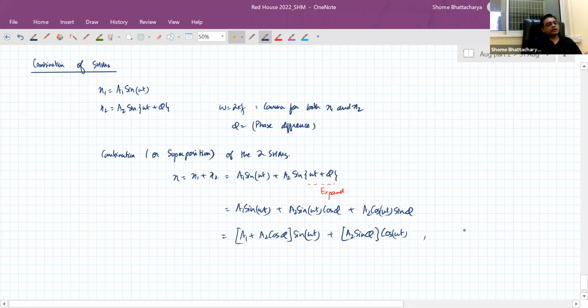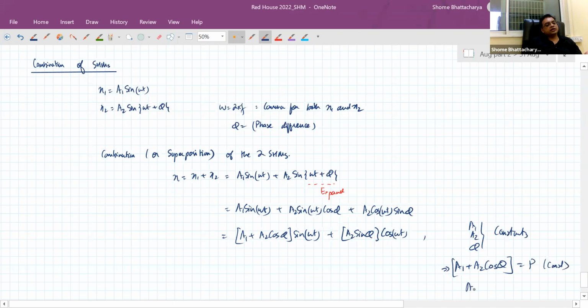Now keep in mind that A1, A2, and phi are constants. Therefore, this whole term A1 plus A2 cos phi is basically a constant. So we can just write it as a new term P, let's say, which is a constant.